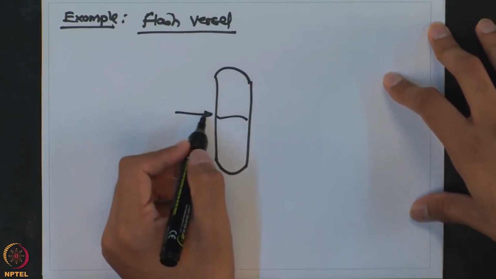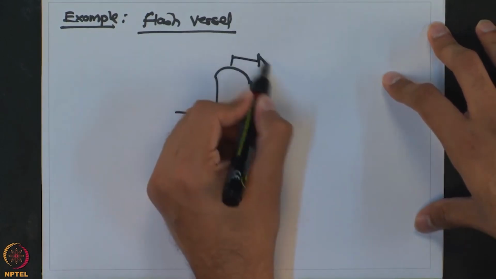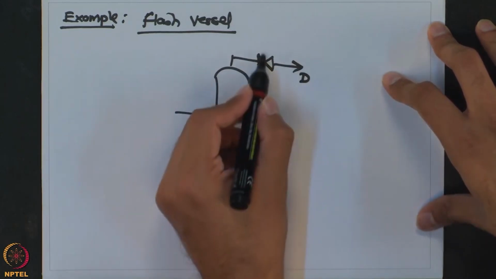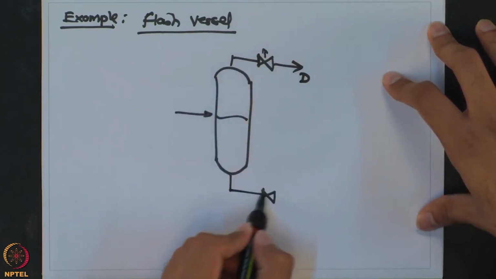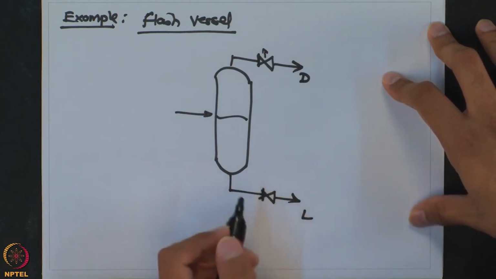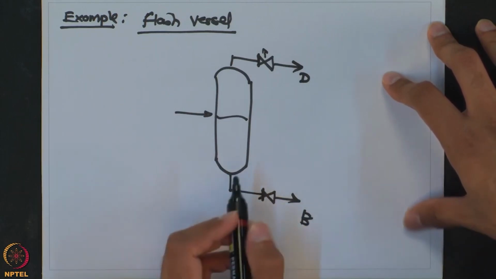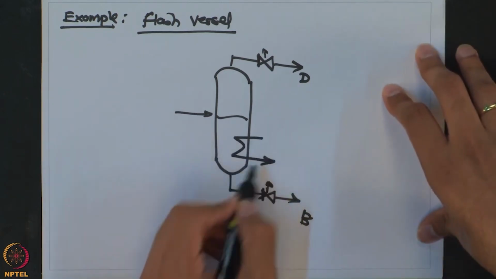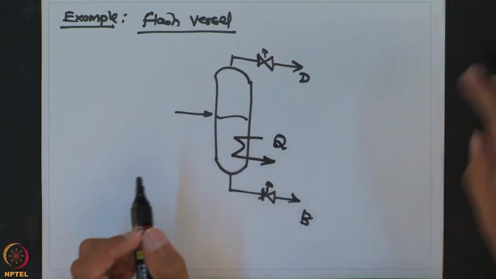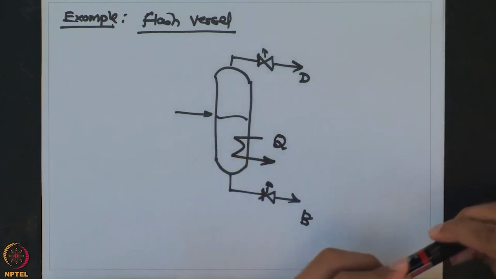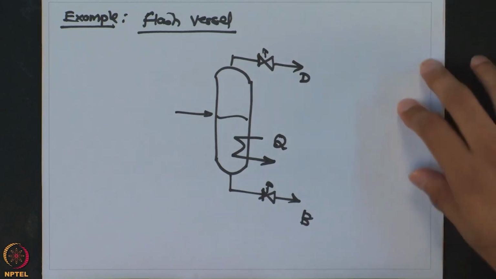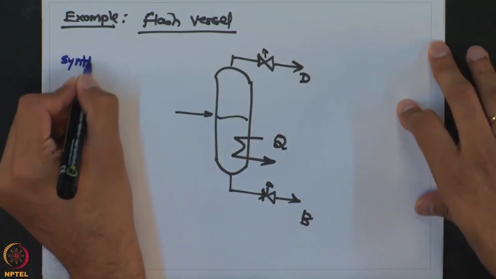You have some stream which you are going to flash inside a vessel, which will generate some vapor at flow rate D and certain liquid at flow rate L or B, and you will also provide some heat Q. So, for this particular system, let us try to answer these questions again. We are trying to solve the synthesis problem.